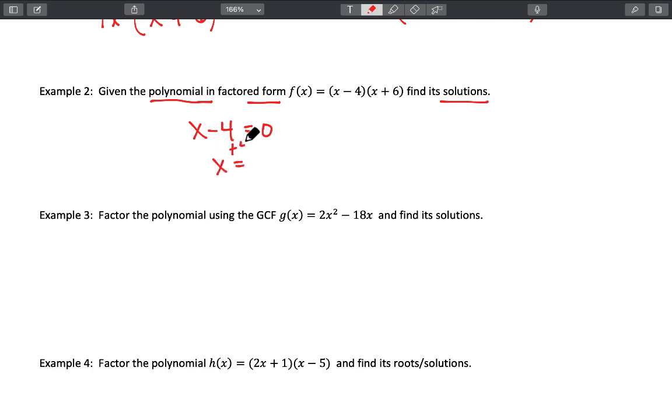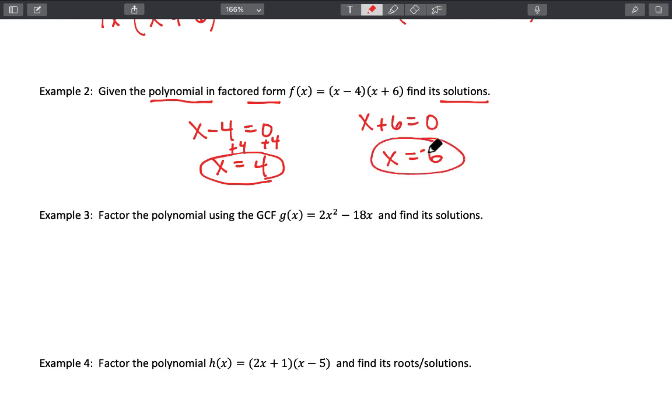Well, I would add 4 over to the other side to get x by itself, and so one solution is x equals 4. My other solution would be taking my other factor, setting it equal to 0, and solving, and that would give me x equals negative 6. I almost forgot that negative in there. Let's make that a little bit clearer. That's x equals negative 6.